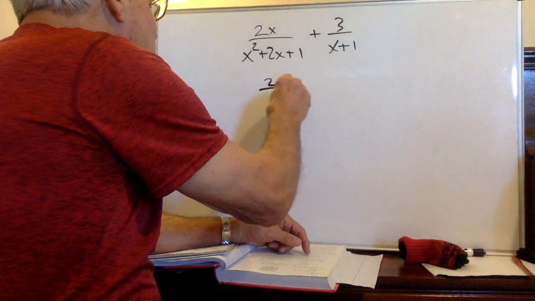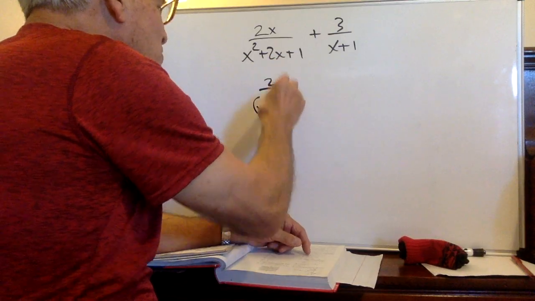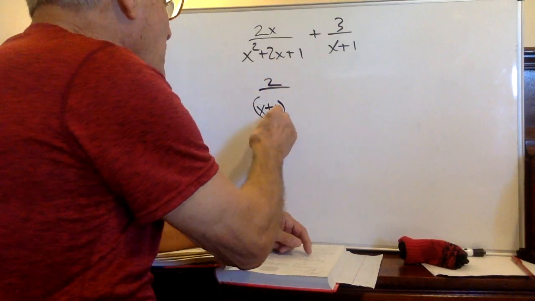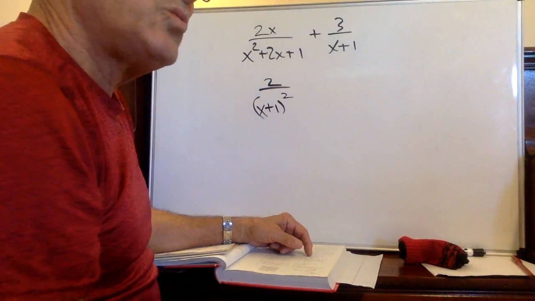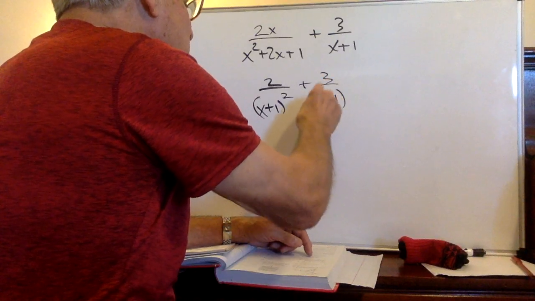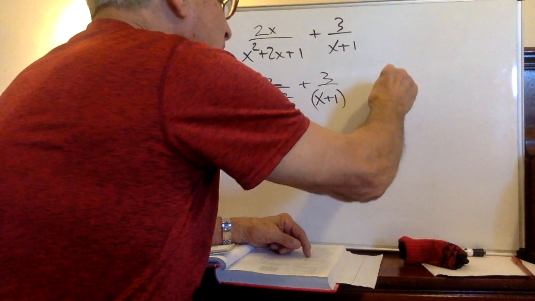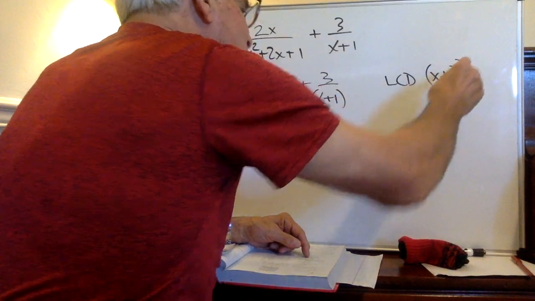So what you had to do here was realize this is x plus 1 times x plus 1. This is a problem that we did a little while ago. X plus 1 times x plus 1 can be written as x plus 1 quantity squared plus 3 over x plus 1. My lowest common denominator is x plus 1 quantity squared.